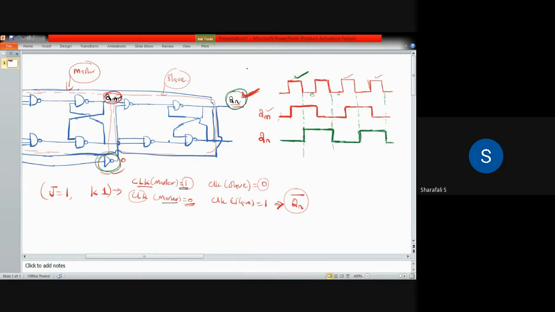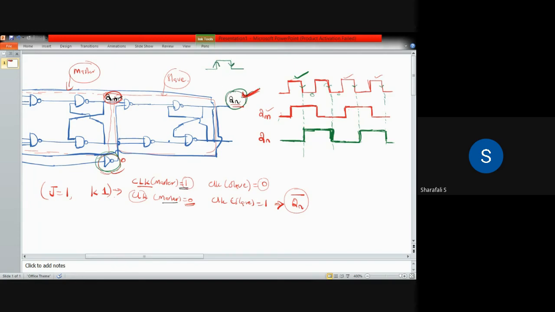So we can say that this is the negative edge of your clock pulse you can consider. So in each of these negative edges of the clock pulse, as you can see, you are getting the output which is toggled. So if you consider this as your clock pulse, this is your positive edge, this is your negative edge.